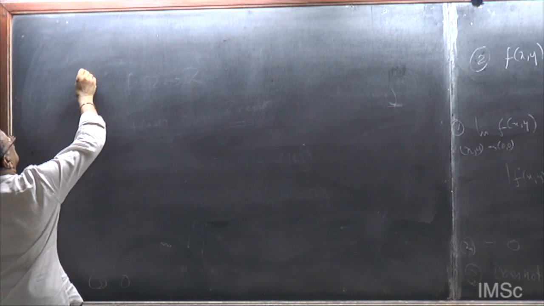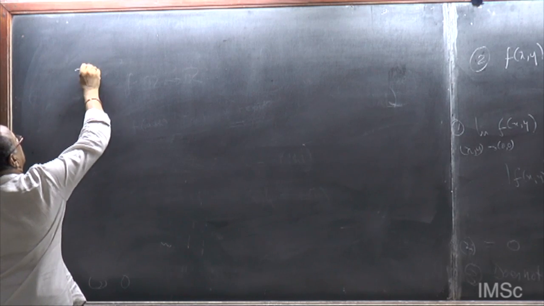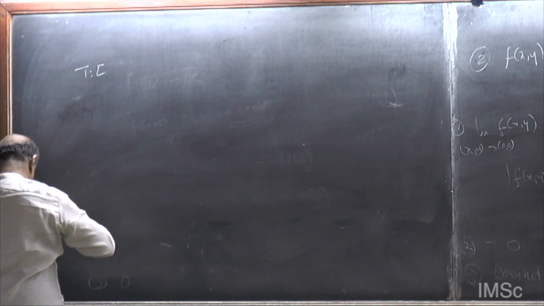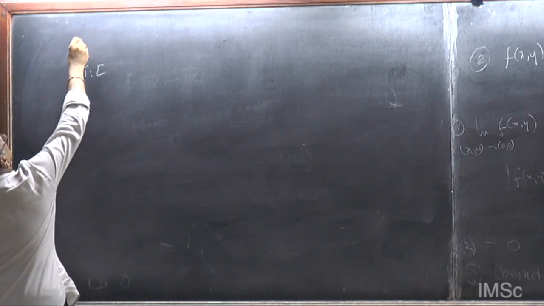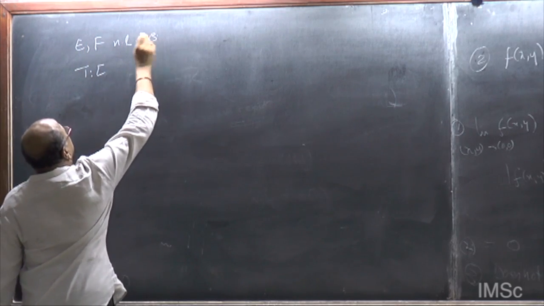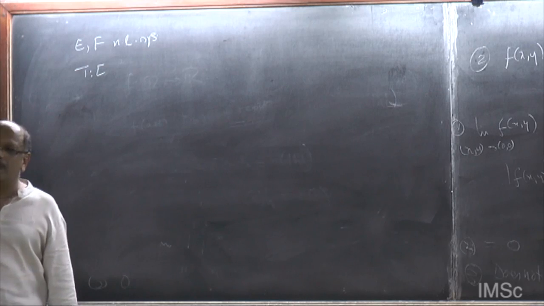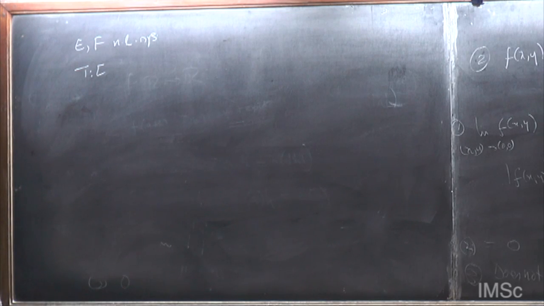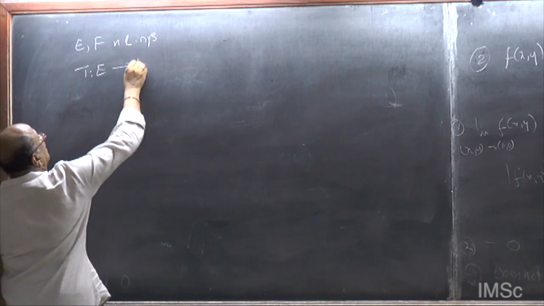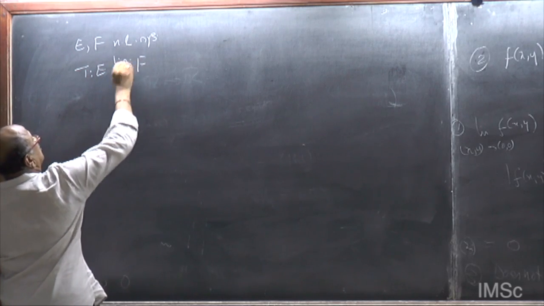So, T from E to F, where E, F are normed linear spaces. That means E is a vector space with some norm, F is another vector space with another norm, and you look at T from E to F, a linear transformation.